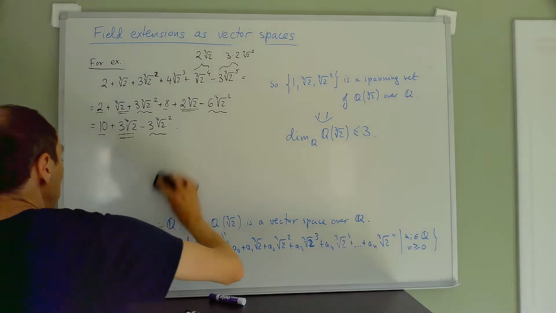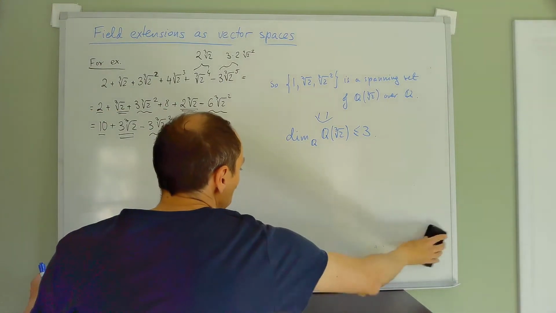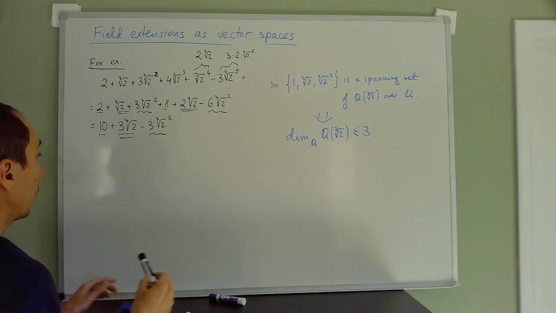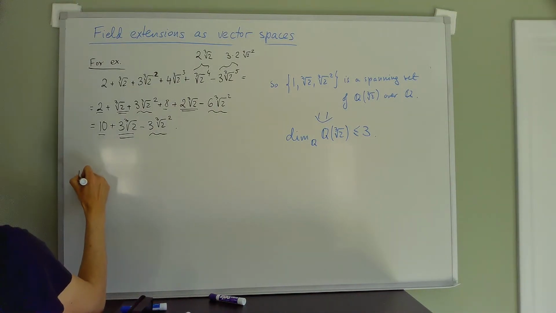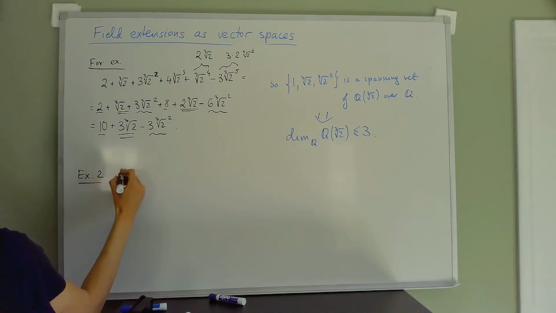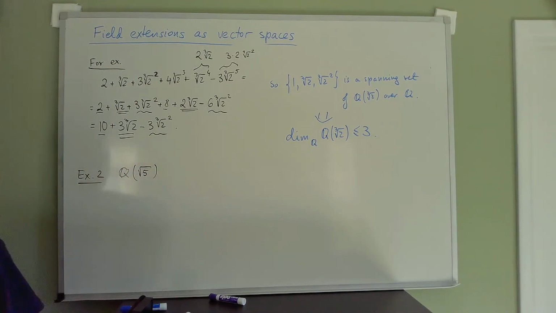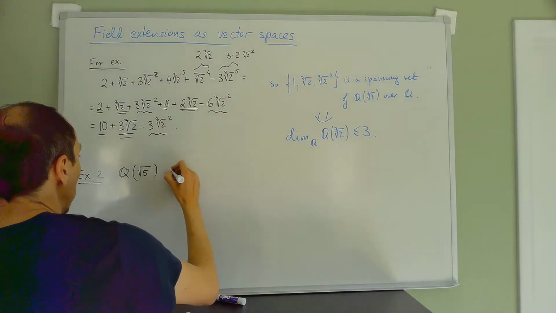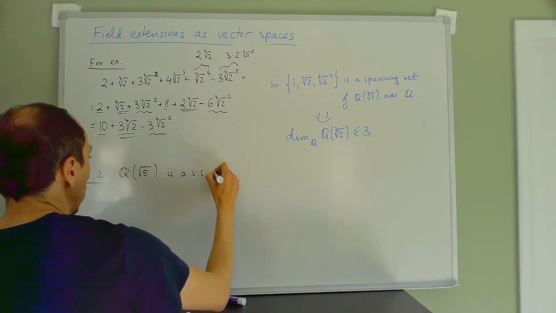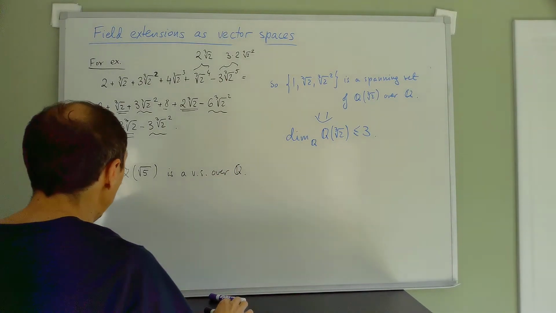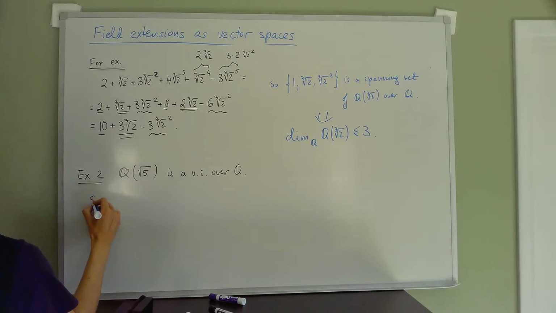Let's do another example. Q adjoin square root of 5 is a vector space over Q, and here again I can give you a spanning set.